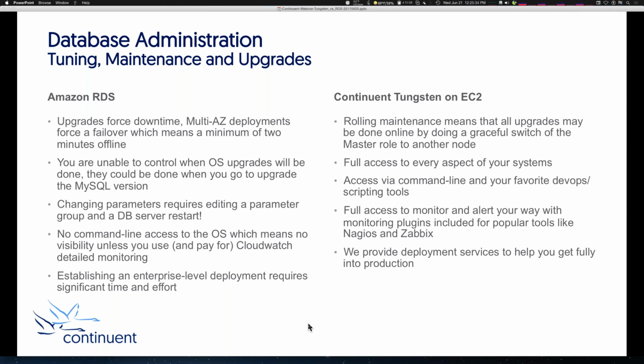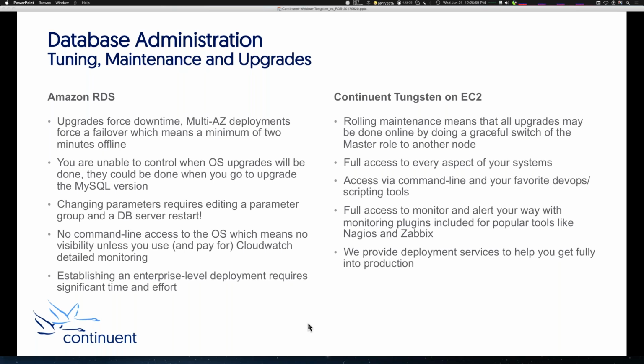When you're on RDS, forget about trying to log into the box. No can do. So all of the typical tools that you're used to having as a DBA to go log in and do what you want to do, not there. No can do. Got to do it their way, and you got to pay for it. With Tungsten, we give you various plugins for Nagios and Zabbix monitoring. Set it up any way you want.